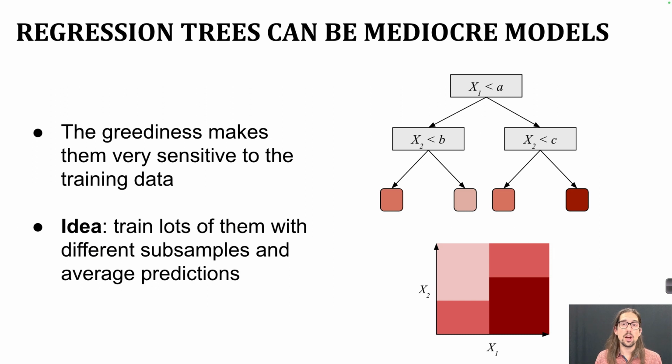Let's say you have 100 different subsamples, and you fit 100 different regression trees on all those different subsamples. They're going to be different, those regression trees. But then you can average the predictions of all of them, and the average predictions will be much more stable than the predictions of any single regression tree.